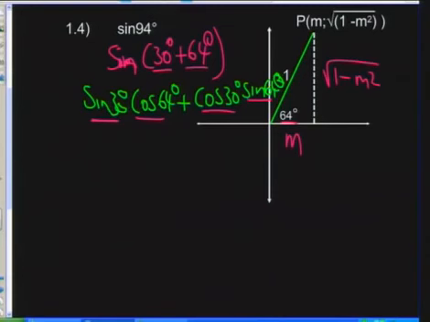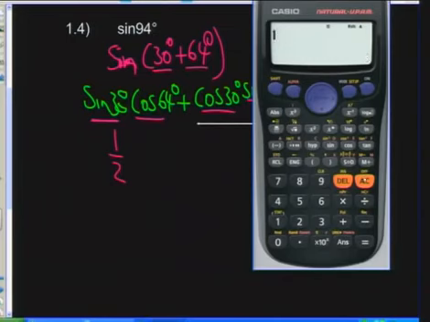Using a special angle, sine 30 degrees should be a half. Or you can use a calculator: I put sine 30 bracket, and I get a half. So sine 30 degrees is equal to a half.